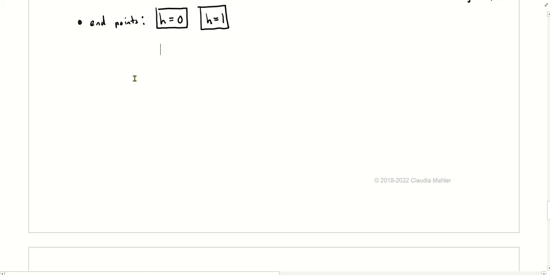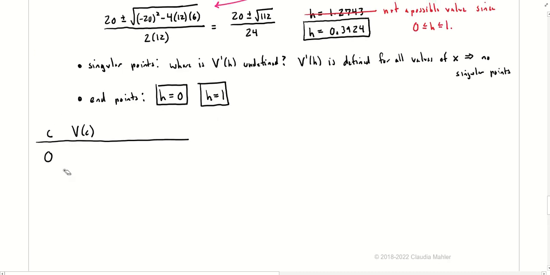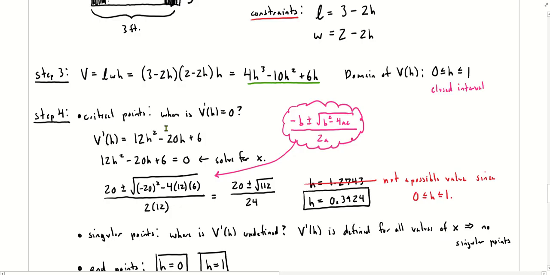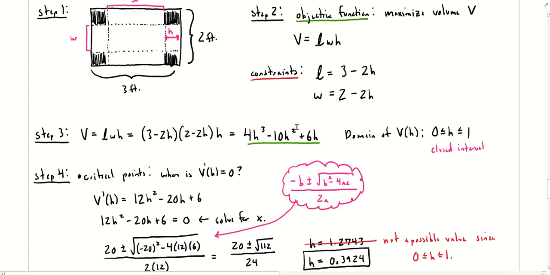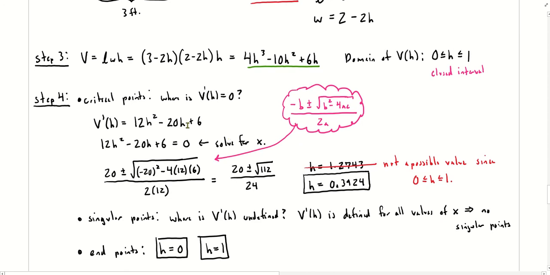So I'm going to go ahead and start by making my little table here. My values of x, and my volume evaluated at those values of x. So my values are 0, 0.3924, and 1. So again, with this method, I'm not plugging in my values to my derivative, not here.